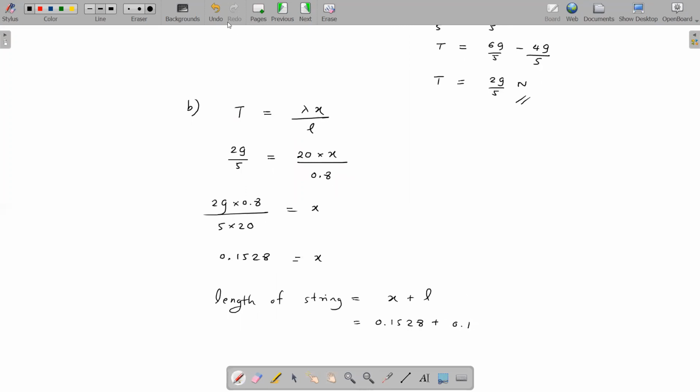So add everything and give me the answer to 2SF. 0.956, so basically 0.96. Make sure you give the answer to 2SF or 3SF. So over here we'll keep it to 2SF. Why do we keep it to 2SF? Whenever you use g as 9.8, you must keep the final answers to 2SF or 3SF.